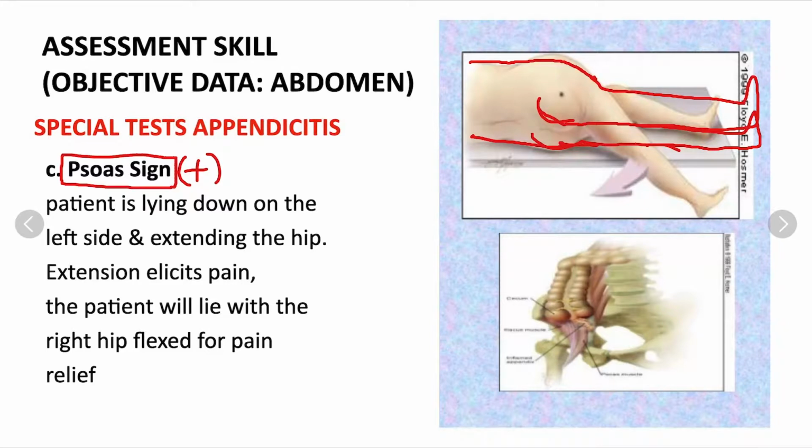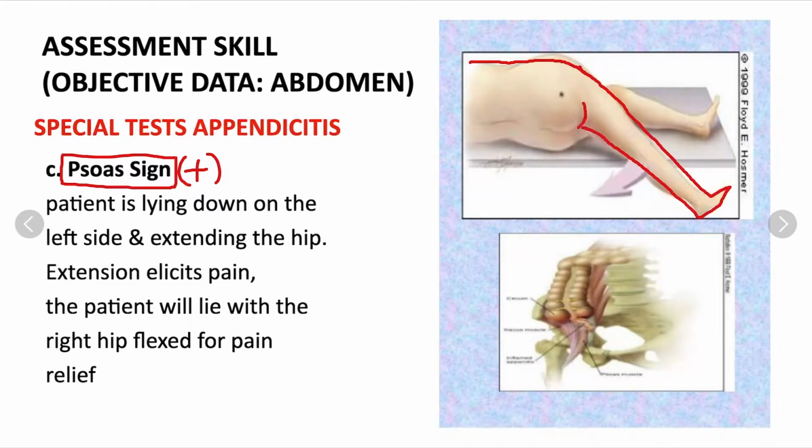Okay, when you have instructed your patient, you could put a pillow here for support. When you have instructed your patient to lie on her or his left side, what you're going to do is extend the hips and try to manipulate the right leg. So this is what is seen in the illustration. From both straight feet, one foot would remain straight, and you try to flex the hip area.